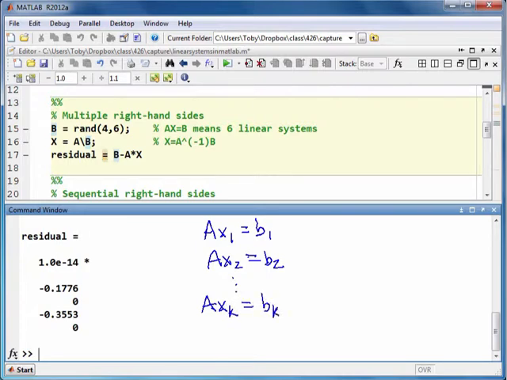So each B is different, and so each X is going to be different. Well, what we can do is we can define a matrix X whose columns are the solutions that we're looking for.